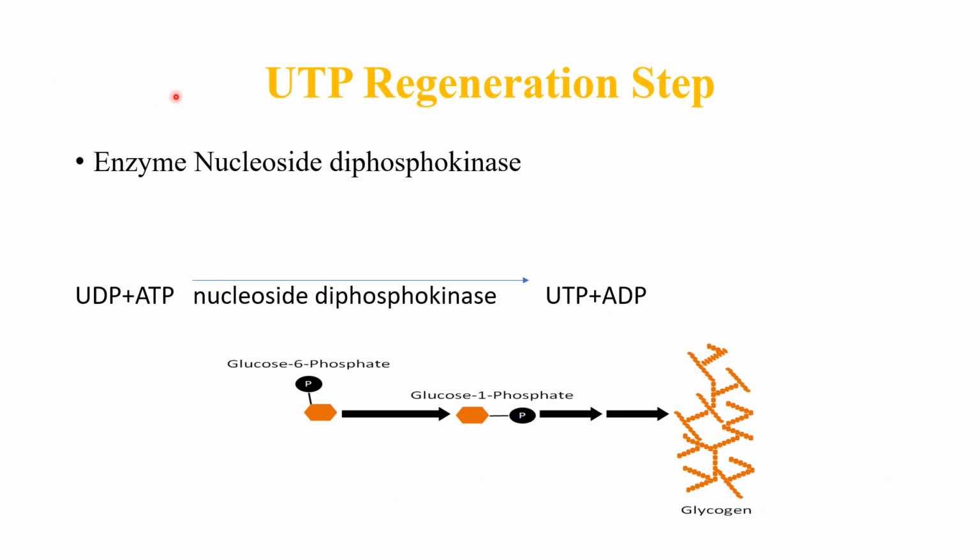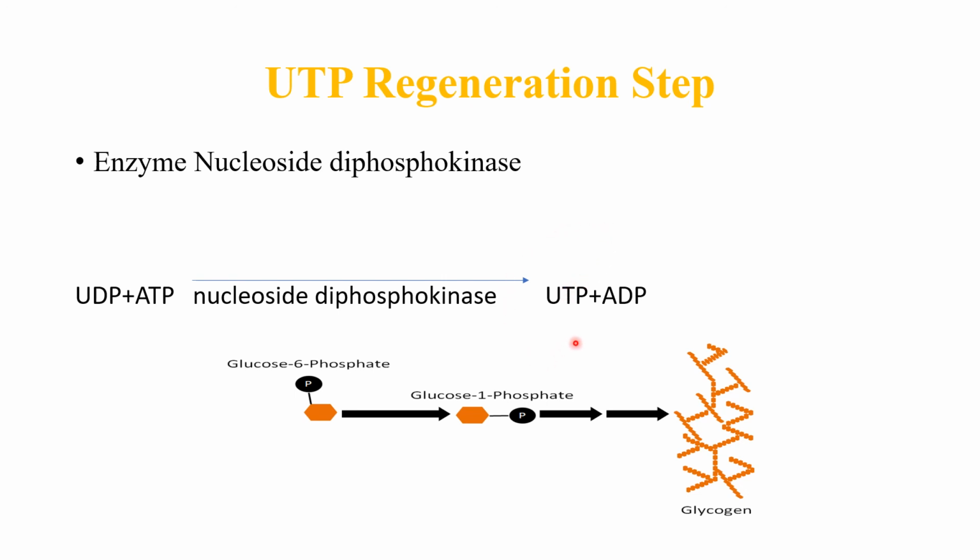For this reaction to continue taking place, we need to take this UDP that we created in the previous reaction and generate back the UTP molecule. That's where this step takes place.